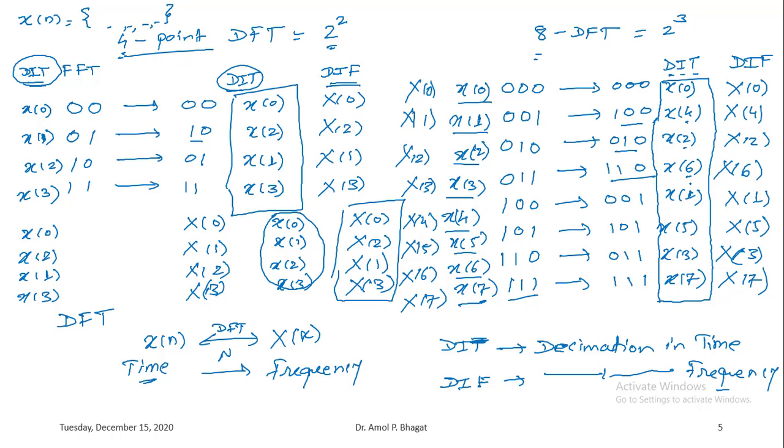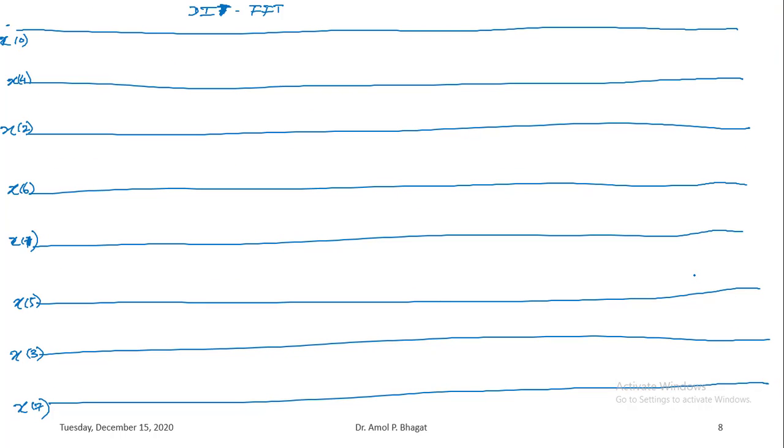And these 0, 4, 2, 6, 1, 5, 3, 7 input samples will be applied here. So sample at n equals 0, sample at n equals 4, sample at n equals 2, and so on, right? But your output will be in sequential form. So here you will get output x of 0, here x of 1, x of 2, x of 3, x of 4, x of 5, x of 6, and here you will get x of 7.